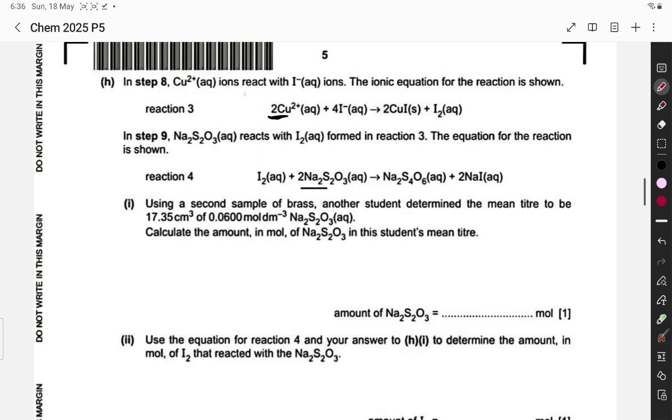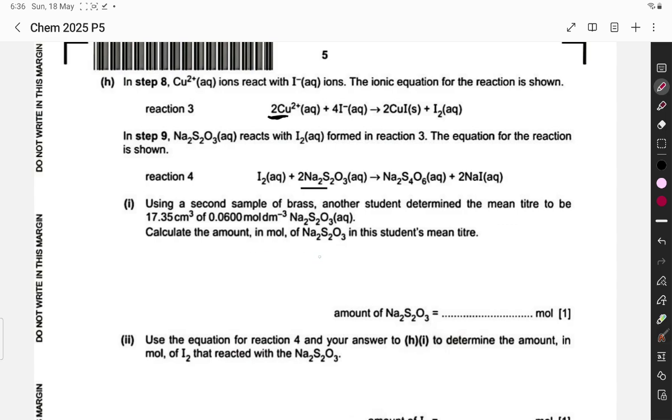In step 8, copper(II) ions react with iodide ions. The ionic equation for the reaction is shown: this is reaction 3, copper(II) ions and iodide forming copper iodide, and this is reaction 4. Using a second sample of brass, another student determined the mean titre to be 17.35 cm³ of 0.0600 mol per dm³ sodium thiosulfate.